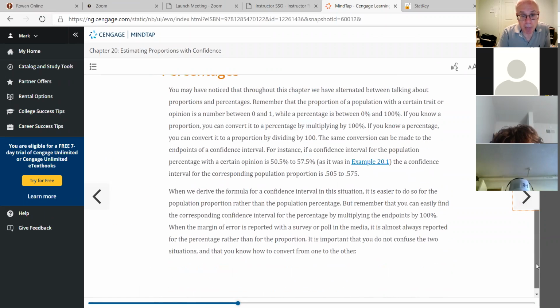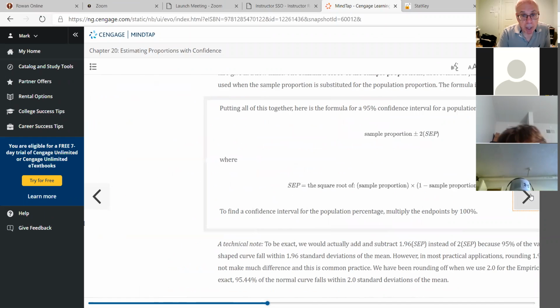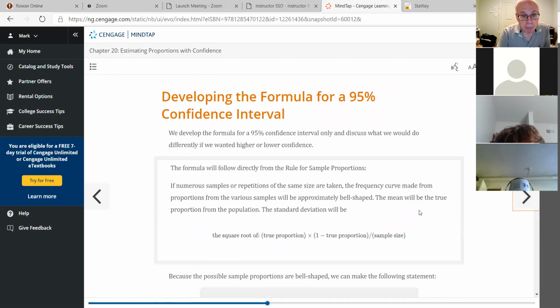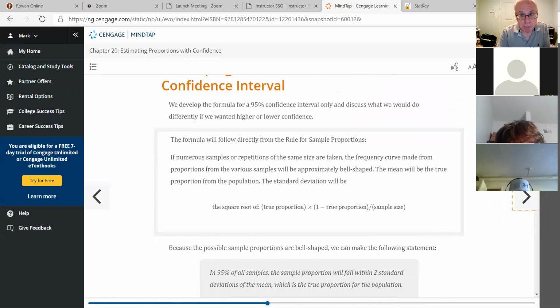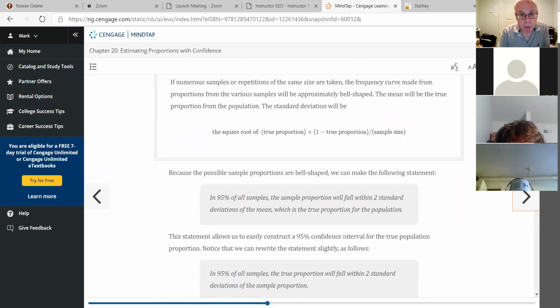We do it by first calculating what's called the standard error. Again, you don't need to know this, but in chapter 19, when they talk about the rule for sample proportions, the standard error is the square root of the proportion times 1 minus the proportion, divided by the sample size. It's the square root of that whole thing. You don't have to calculate that; you just have to be somewhat familiar with it.